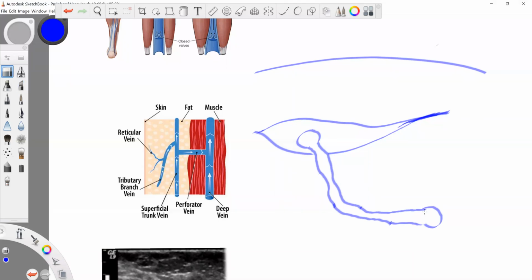It can go from saphenous to saphenous. That's not really well drawn, but let's just say this is the great saphenous vein, and then this one is the small saphenous vein. You could have a communicating, or better known as an intersaphenous vein. Those are a little more important.